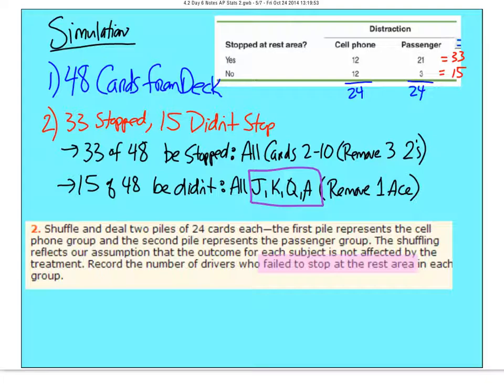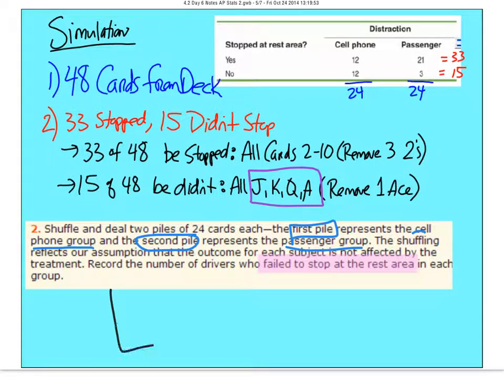So to simulate it, they're going to shuffle the deck, and they're going to put it in 2 piles, one of 24 cards and the other of the other 24. The first pile is going to represent the cell phone group, and the second pile is going to represent if you had a passenger in your car.